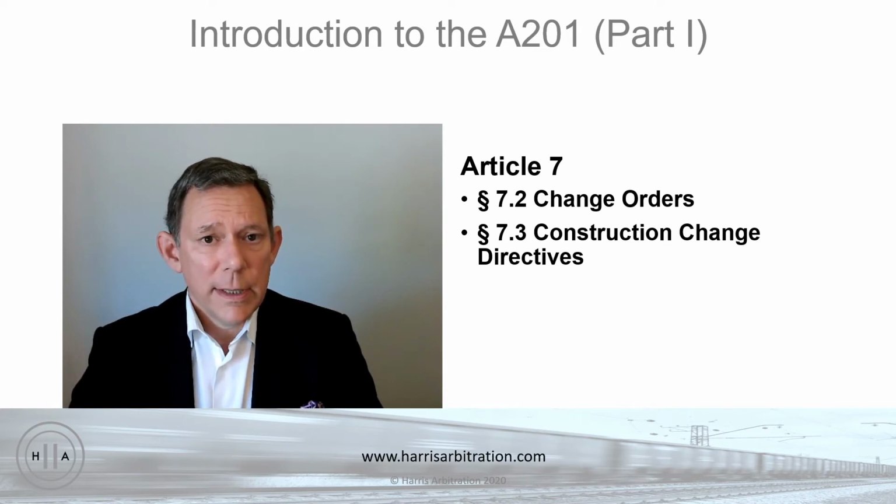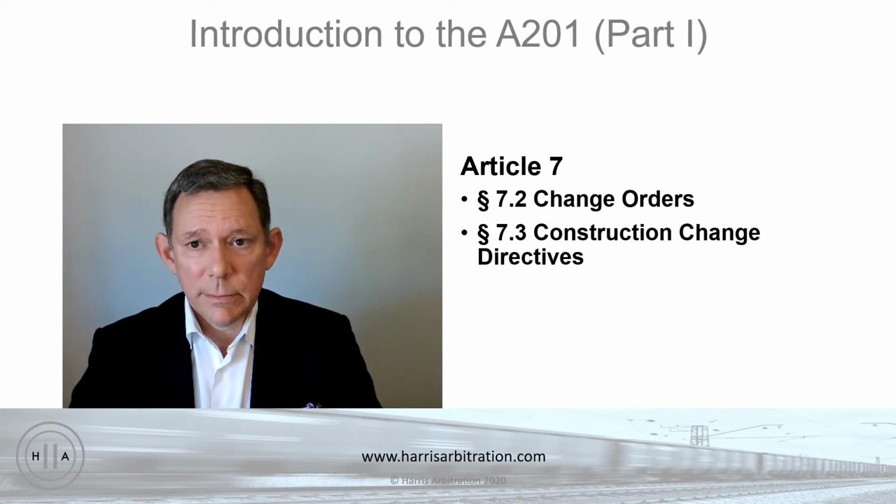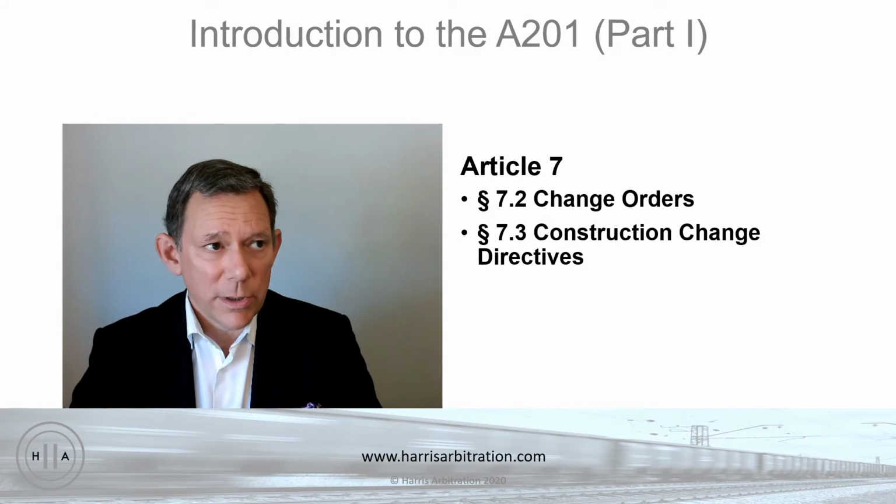It's where the owner says, all right, instead of red paint, I want blue paint. And that's a change if the contract calls for the walls to be red paint and the contractor has to switch gears and have it be blue paint. That's a change to the work.